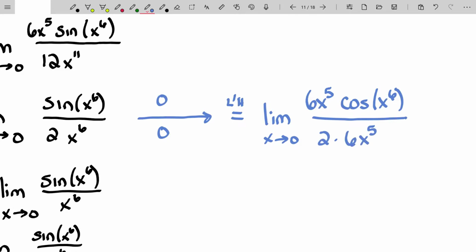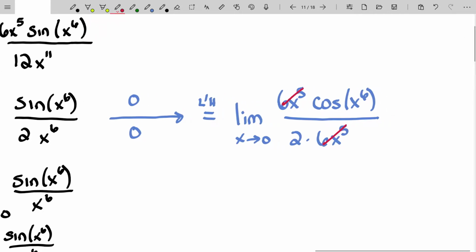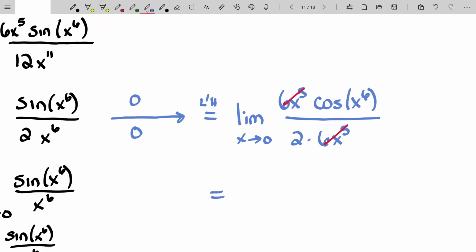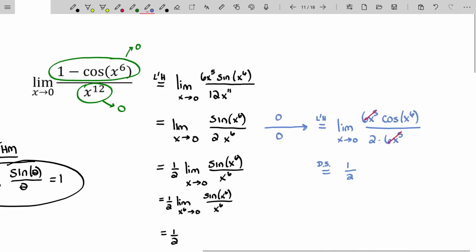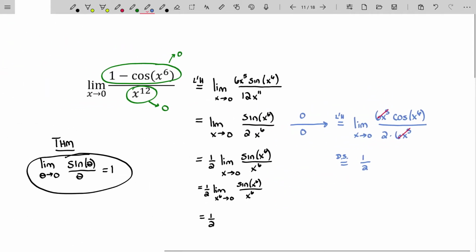That's what the derivative of that denominator is. And you can see that the 6x to the 5ths cancel beautifully, and direct substitution can be used right here. Direct substitution, as x goes to 0, cosine of 0 is 1, and then the denominator is 2. And so you get the same answer. It's good to always keep in mind you have theorems you've learned in the past that you should be able to use. There we go.